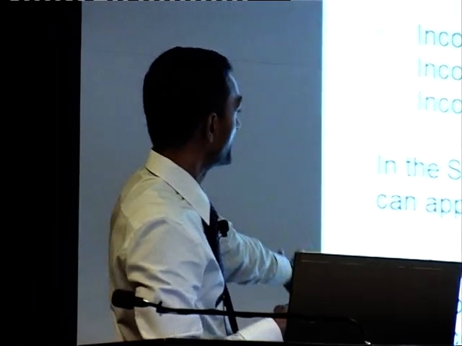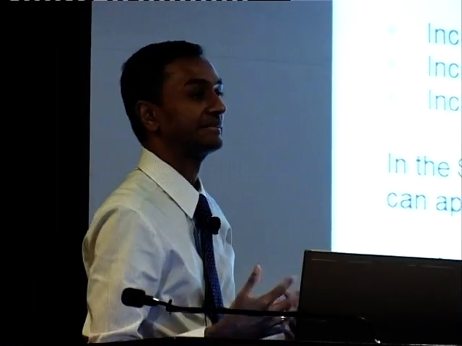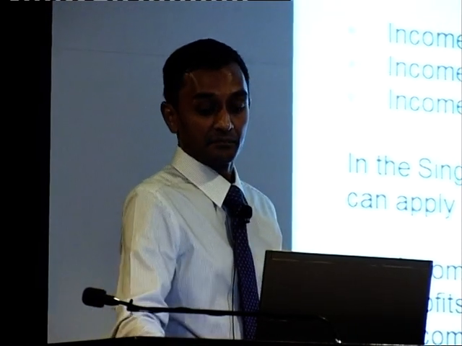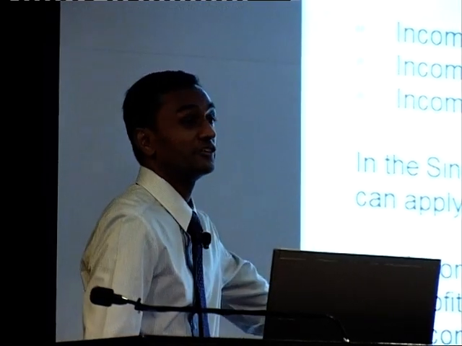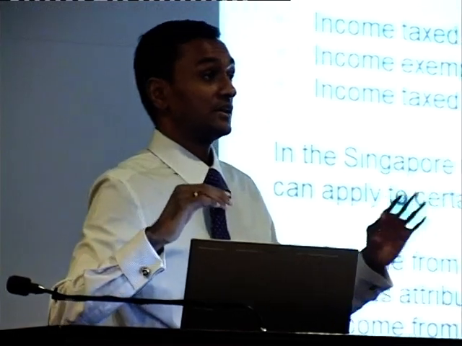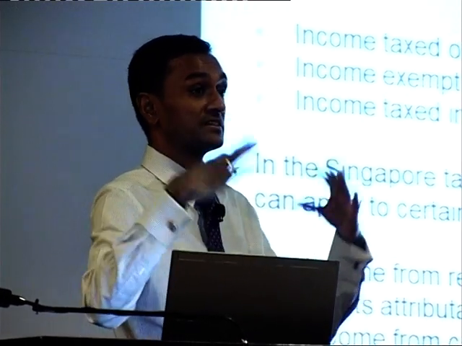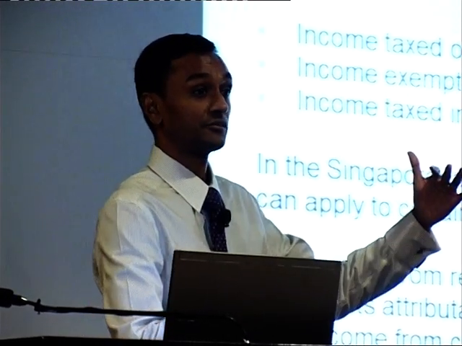So these are the types of income which are generally taxable at source, that means taxable in Singapore. For example, if you look at directors' remuneration, if there's withholding tax on directors' fees, it's always taxable at source, that means in Singapore. A treaty will never exempt that from tax.